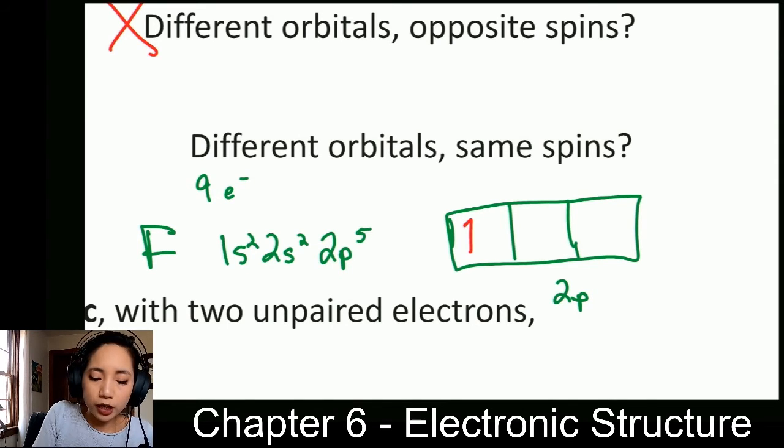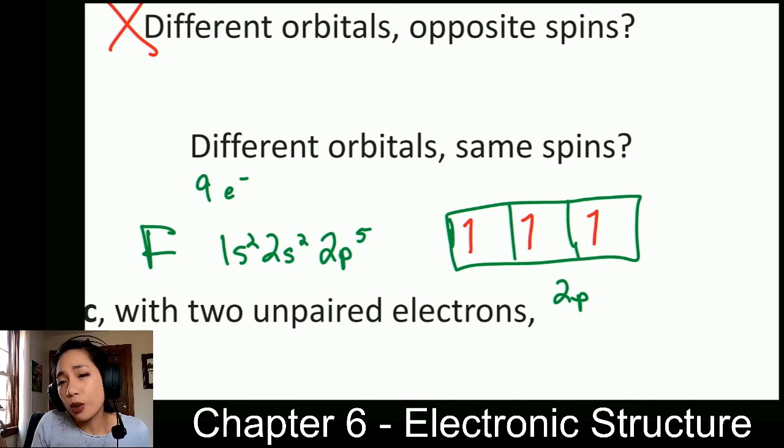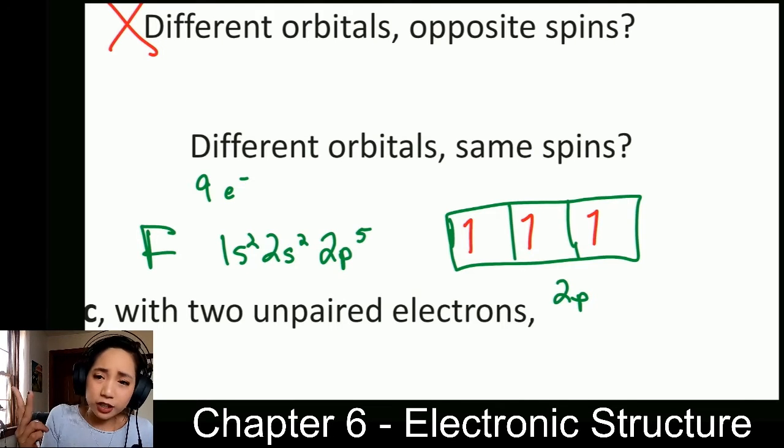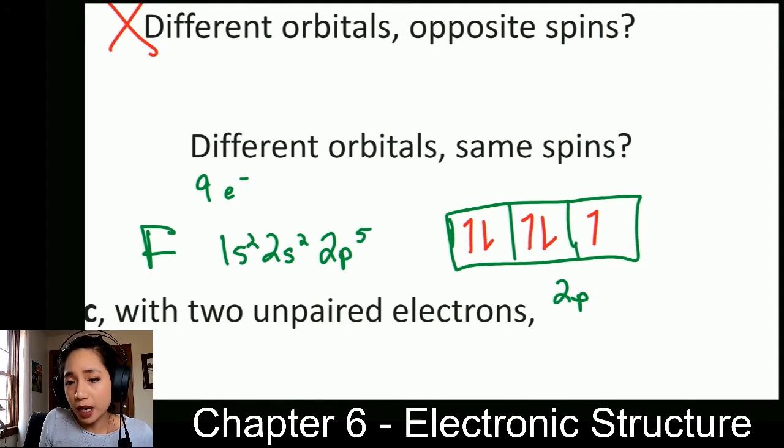I'm going to put 1 electron, 2 electrons, there's my 3rd electron. Now there's nowhere else I can put them, so we filled it all up, and I still need to add 2 more electrons. Those last 2 electrons will be spin down like that. This is how we maximize the spin of 5 electrons within a p orbital. You see how I fill it singly first, and then I start pairing them.